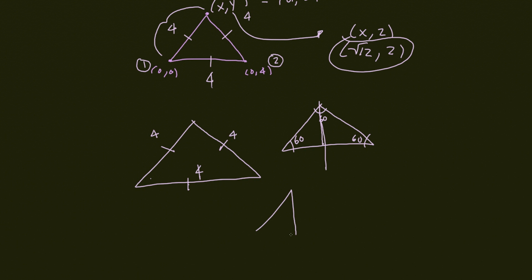I get this. I get 60, 30. These are the angles, sorry. And then 90, because we know that a triangle adds up to what? 180. So is this true? Yeah, it's 180.